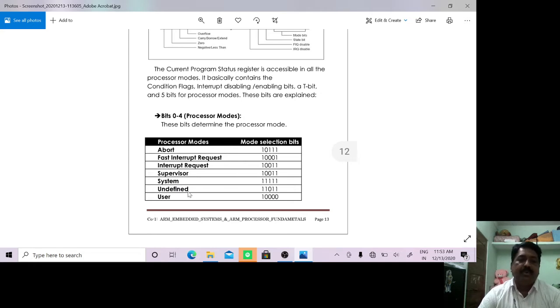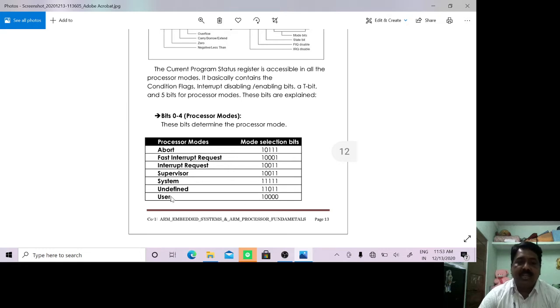Then undefined mode. Undefined mode is an exception mode entered when an instruction not related to the ARM processor has been fetched, in which case it is understood as an undefined instruction. That mode of operation by the ARM processor is indicated when the mode bits are 11011.